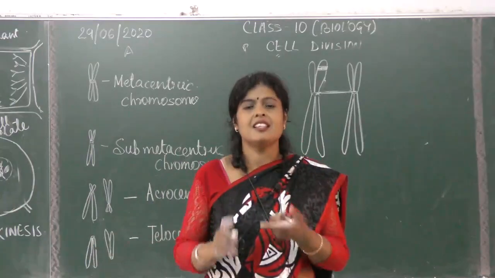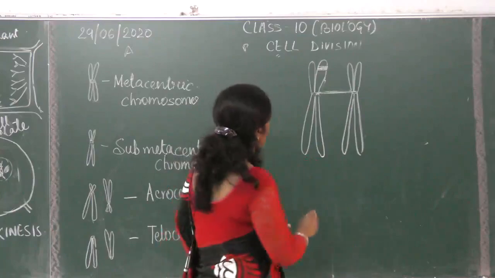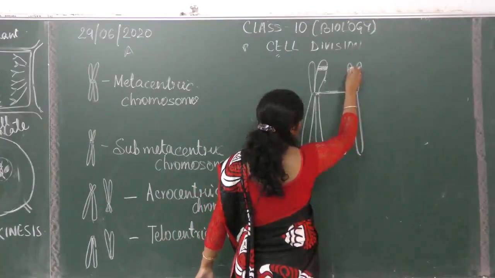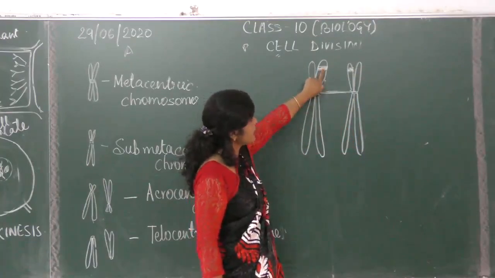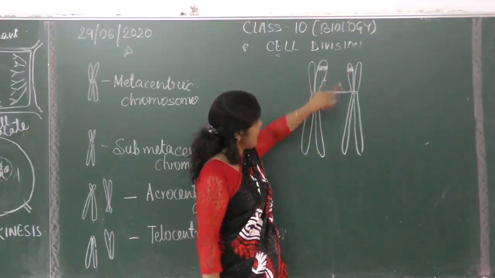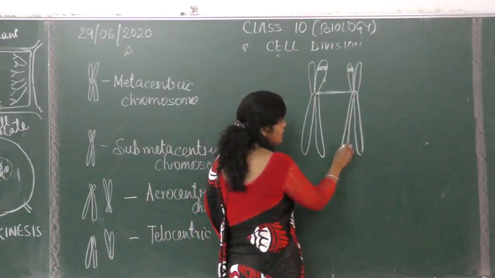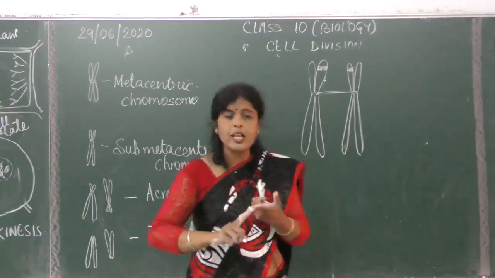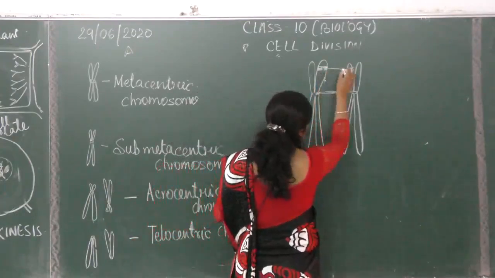Let us consider there is one gene which controls the eye color. All right. So here also will be the same gene controlling the eye color. You cannot expect that here is a gene containing eye color at this location, and in this chromosome the gene for eye color is at a different location. No, the genes controlling a particular character should be at the same position.